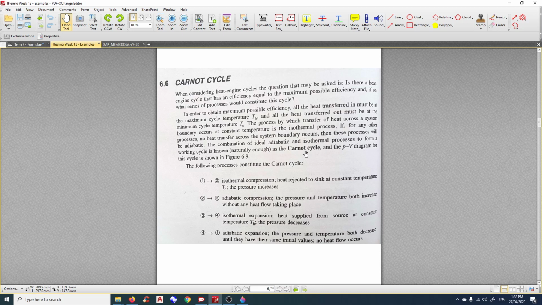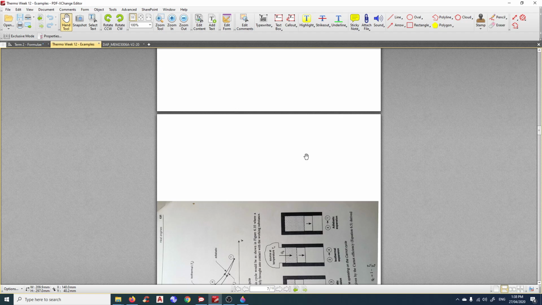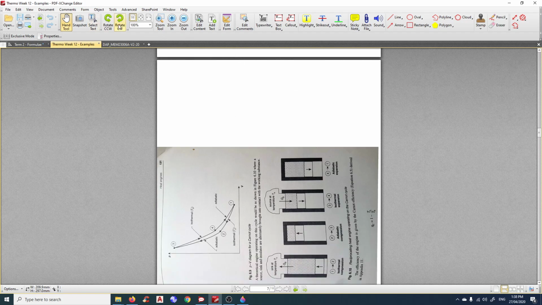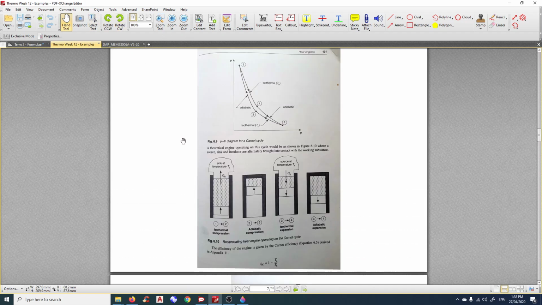We will also consider the Carnot cycle. If we look at this graph here, this is similar to what we discussed last week. In the Carnot cycle, from 1 to 2, there is a compression. So V1 gets compressed into V2, and the compression is isothermal, as you can see here.